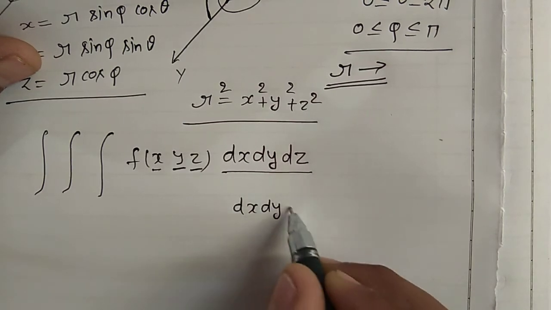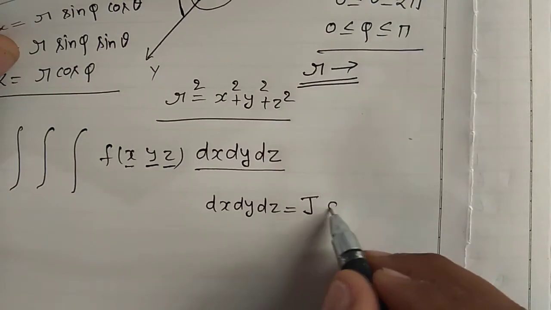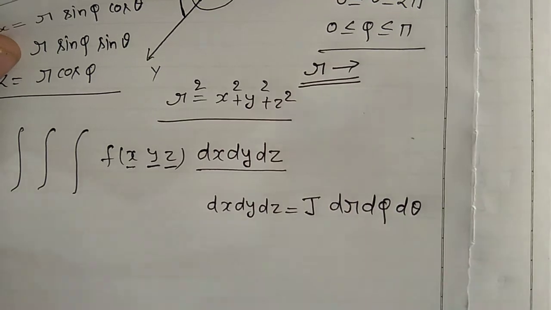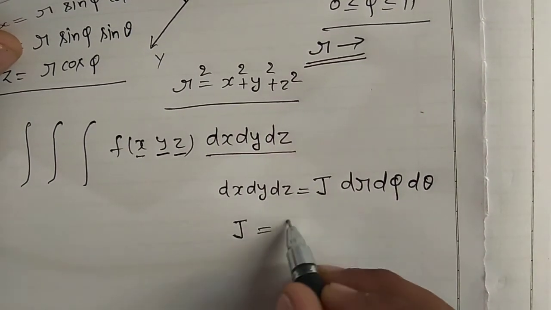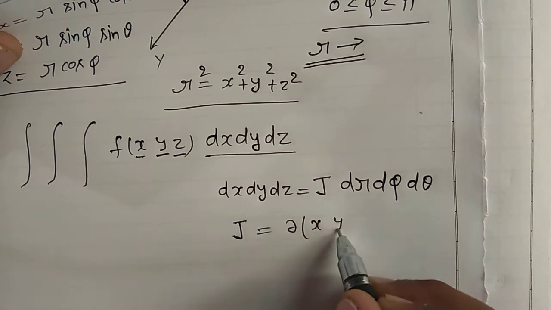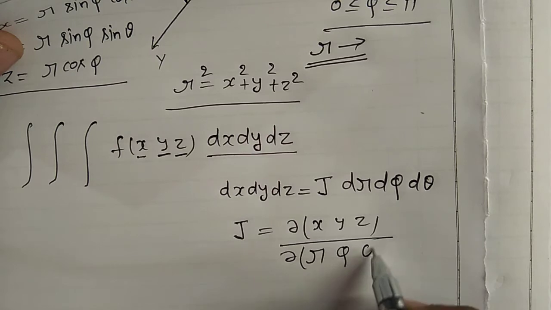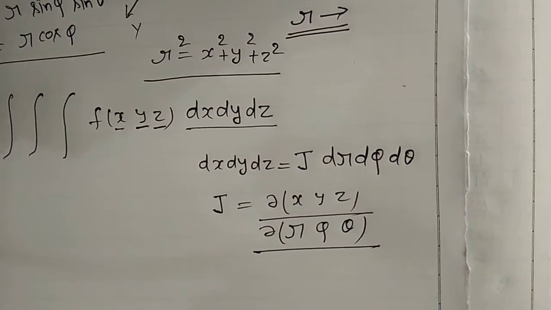dx dy dz equal to Jacobian J and dr d phi d theta, okay, where the Jacobian from x, y, z to r, phi, theta is a 3x3 matrix.